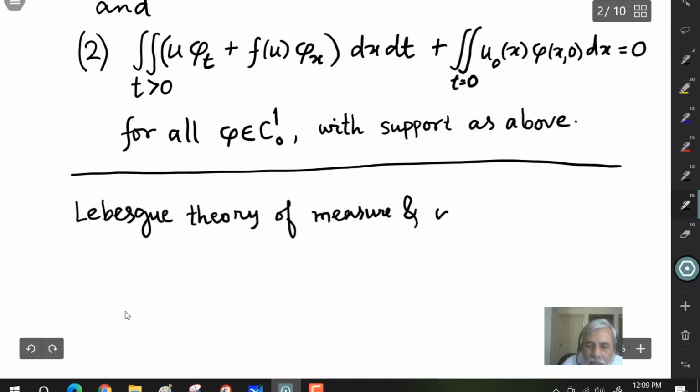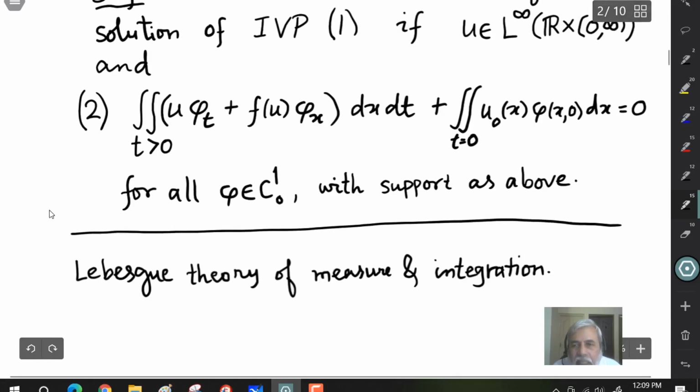Some arguments crucially depend on this theory, and you better recall some of these arguments from your study of measure and integration. This is the only place we are using this modern theory of integration. Otherwise, for most of the course, we'll be dealing with only smooth functions.